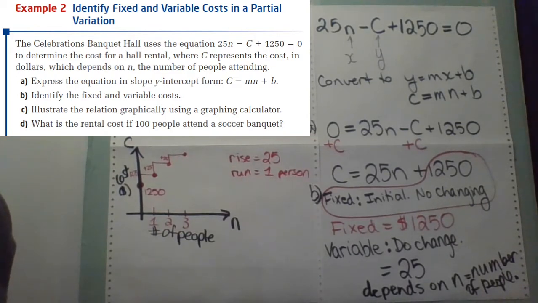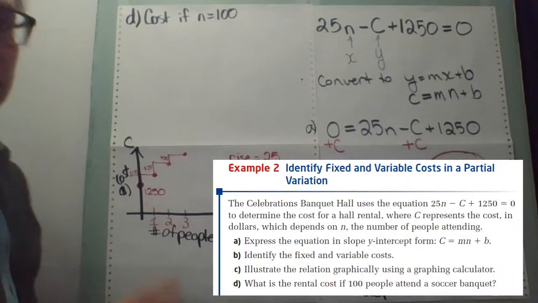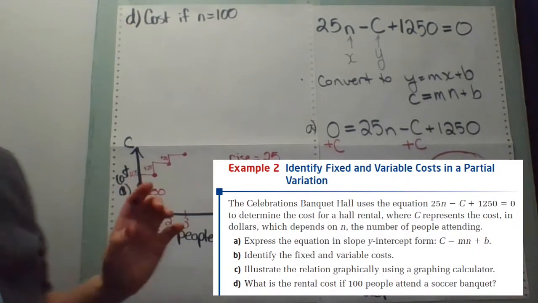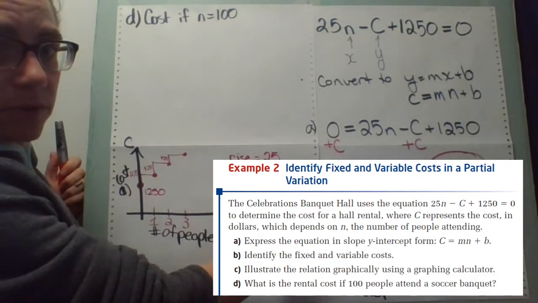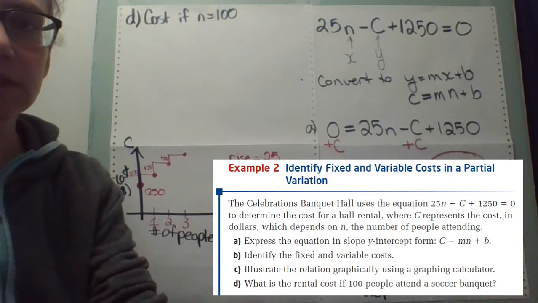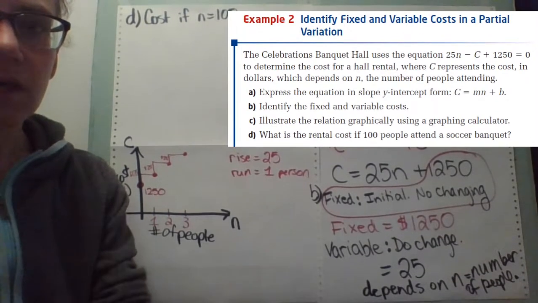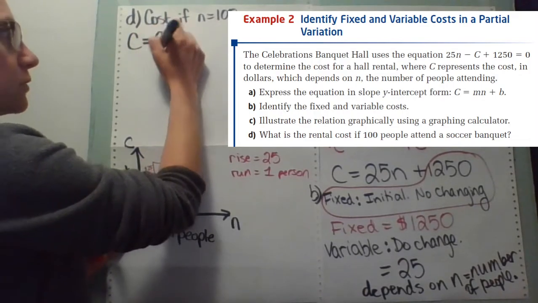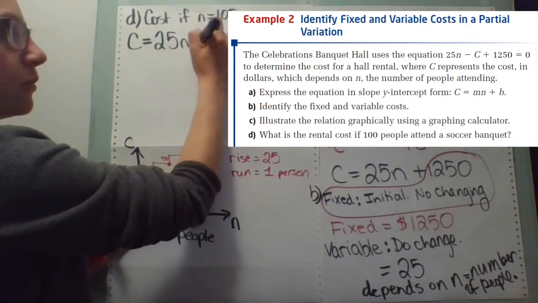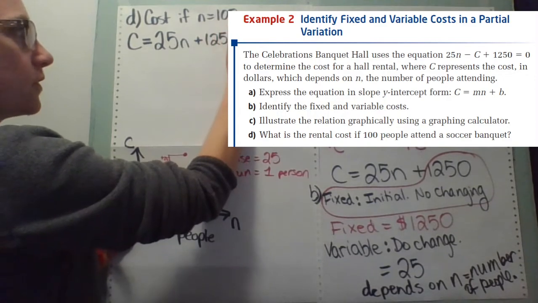So that's going to take some calculation. All right. So final question, cost if 100 people attend. So that means N is 100. So I'm going to use my rearranged equation here because it's already telling me what my cost will be. 25N plus 1250.